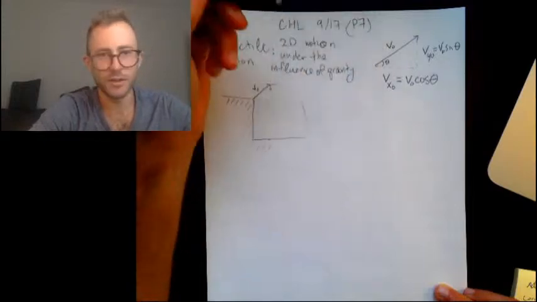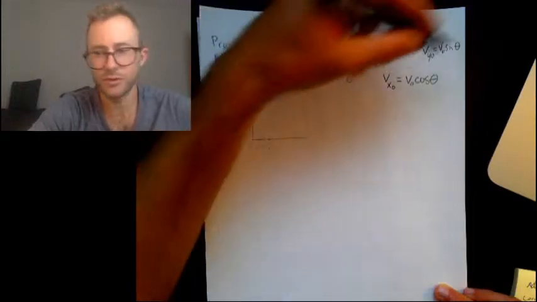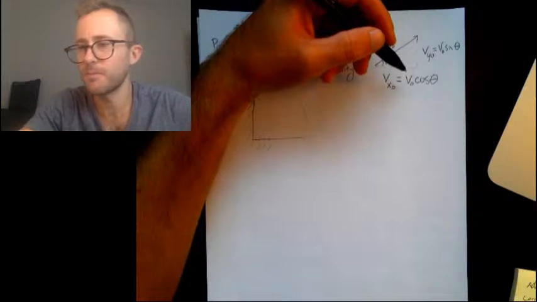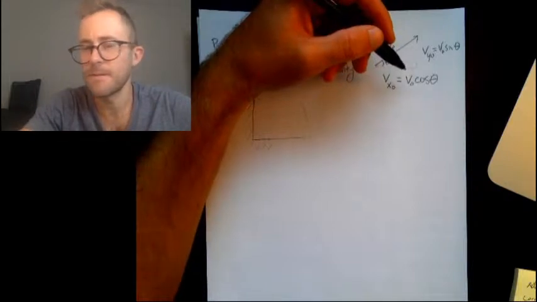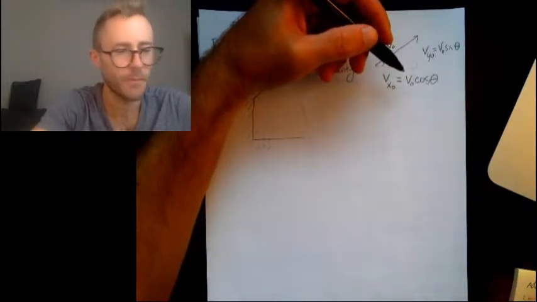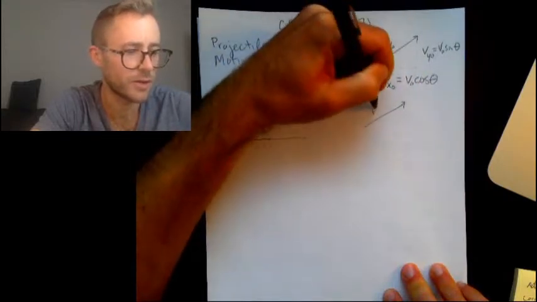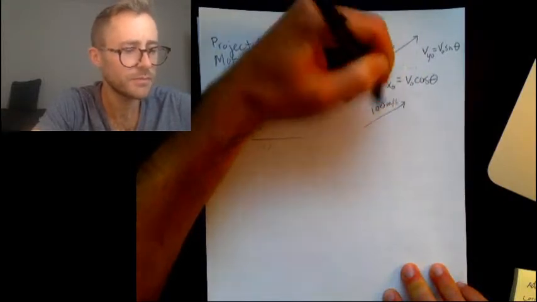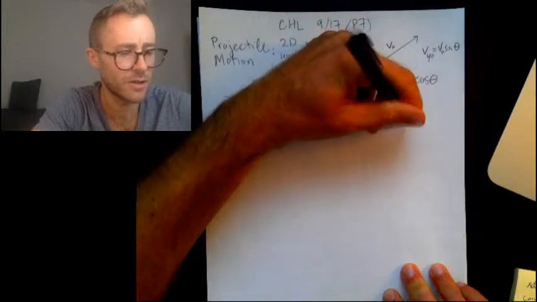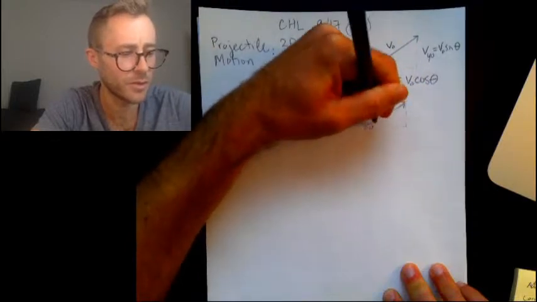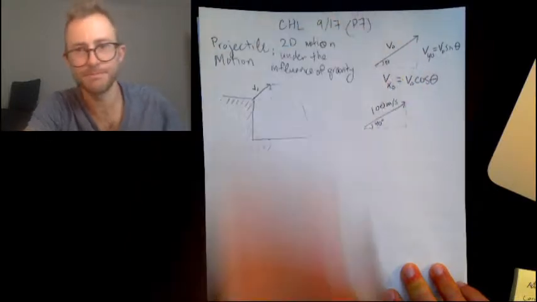Let's just do a specific example here. What if we had a launch speed of 100 meters per second, and let's say it's at an angle of 40 degrees above the horizontal?